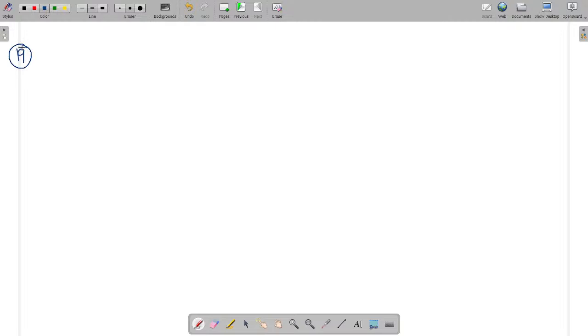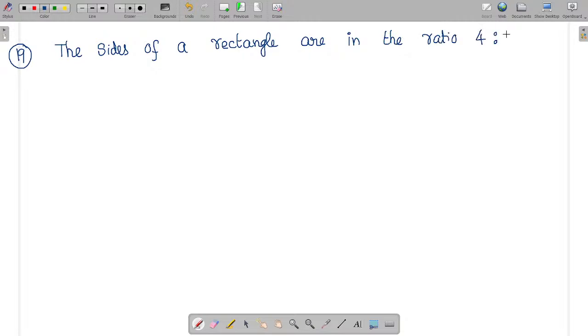The sides of a rectangle are in the ratio 4:3.